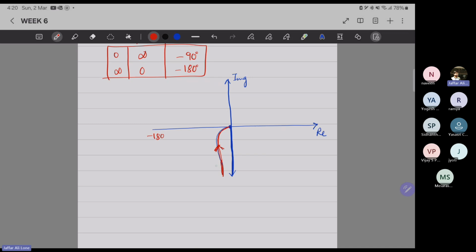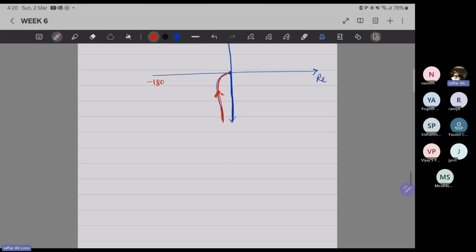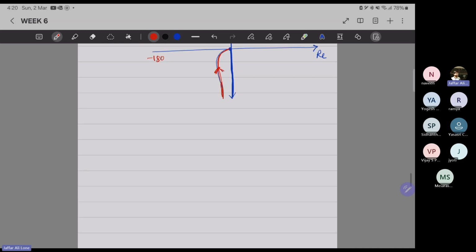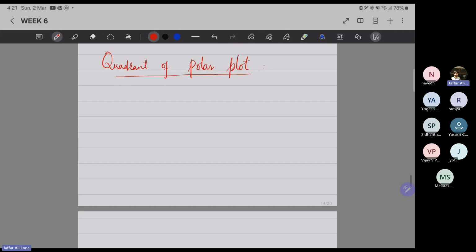So in general, I'm making a table which will help you draw a polar plot, an approximate polar plot, not exact. You can draw it based on this generalized table. I'll make this diagram of the quadrants of the polar plot. If you are solving multiple choice questions, you'll be able to solve them in a few seconds using this table.